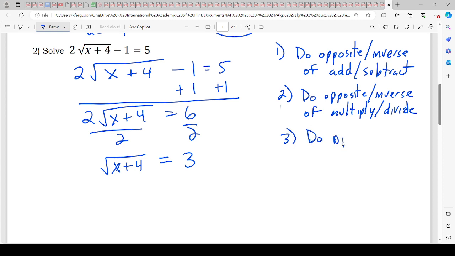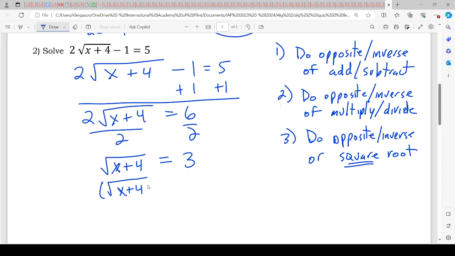So do the opposite or inverse of square root, which is what? There's a hint: I square both sides. If I square the left side, all it does is get rid of the square root.